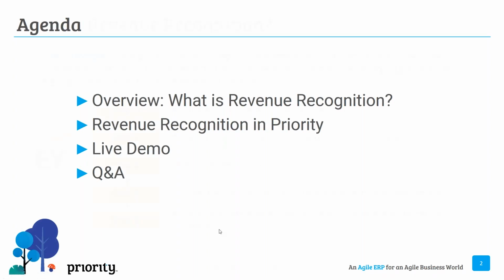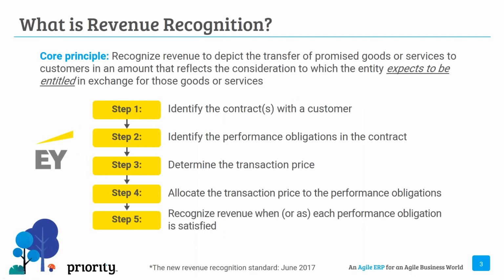So let's dive in. When we tackled the revenue recognition point, initially, we approached our partners at EY to understand what are the fundamentals of providing revenue recognition experience in an ERP system. And we essentially understood it's made up of 5 basic steps. First of all, we need to identify what are the contracts with the customers that generate the revenue. Then, what are the obligations of those contracts?